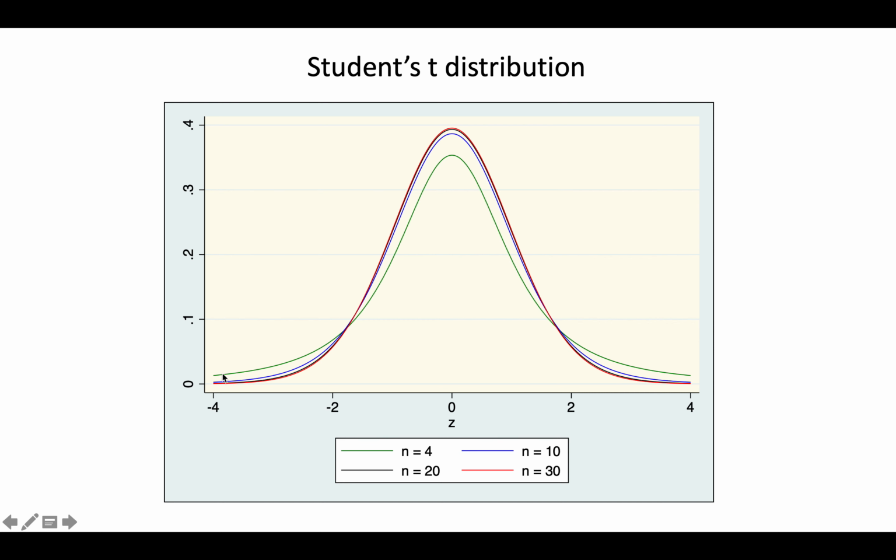What I'm trying to say is that the shape of the curve is actually quite similar, but you see here that for n equal to 4 it is different from, for example, n equal to 30.